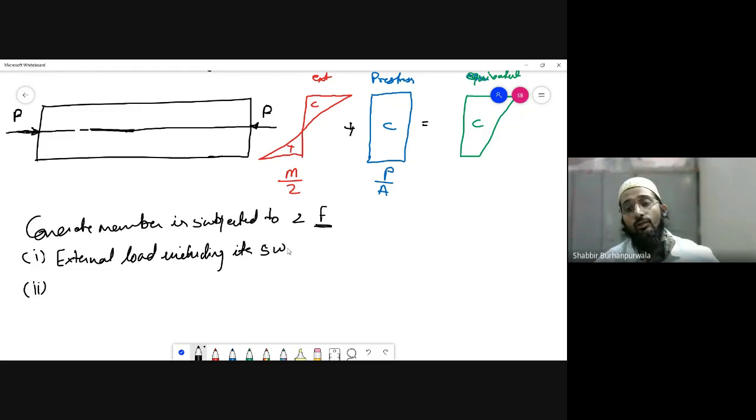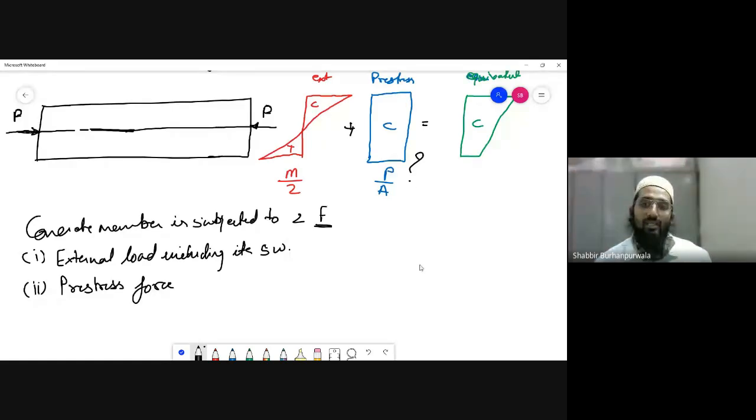External load including its self-weight. That is one type of load which is acting, and the second type of load which is acting on the concrete member is the pre-stress force.